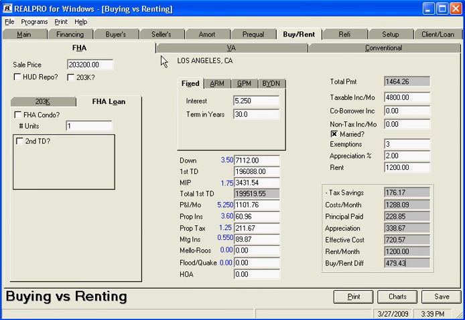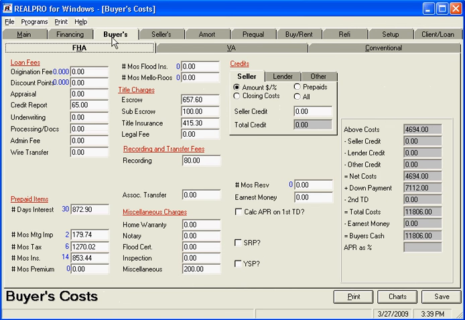We can go right from here to the buyer's costs, and you'll have your good faith estimate. We'll say 1 point origination. The appraisal is $400, and the loan fees are $1,400. We've got 30 days of interest, 2 months mortgage insurance, 6 months taxes, 14 months insurance. Here's your escrow fee.